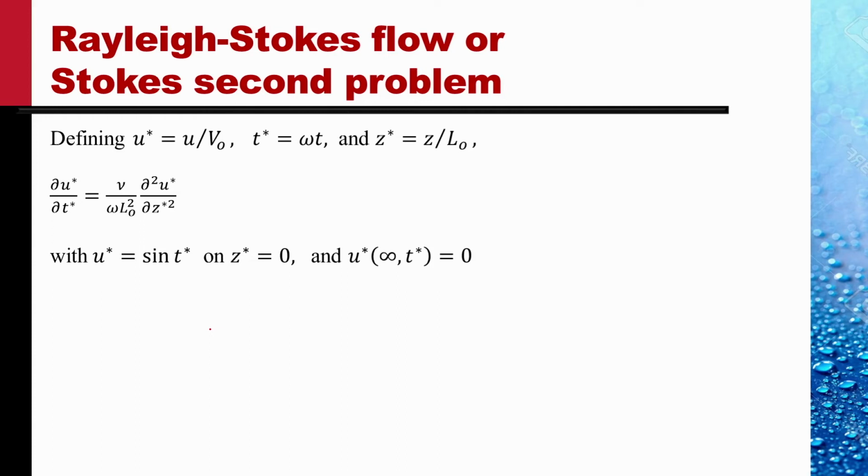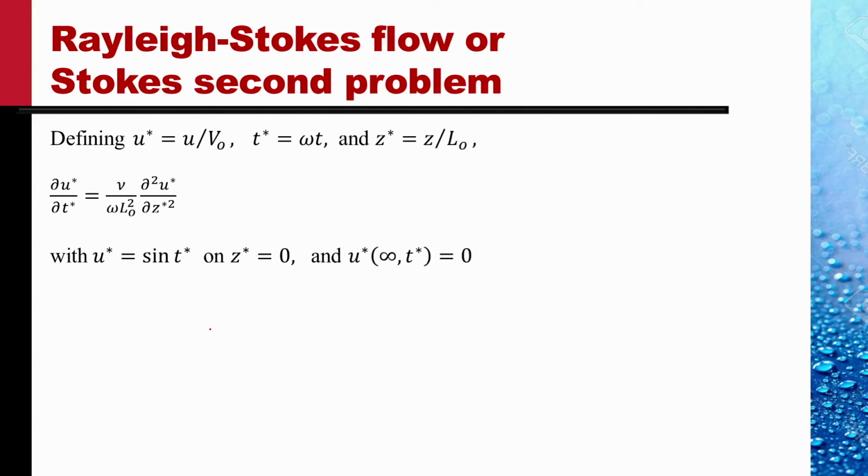And we define a normalized z variable z star as z divided by L naught, where L naught is some characteristic length in the z direction. What is that characteristic length? We don't know. In fact, this is where half the story is. So L naught is as yet unknown.